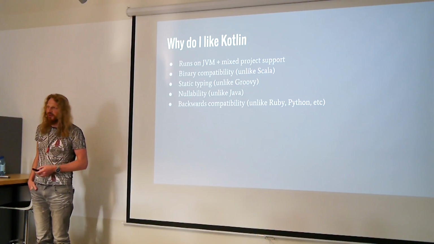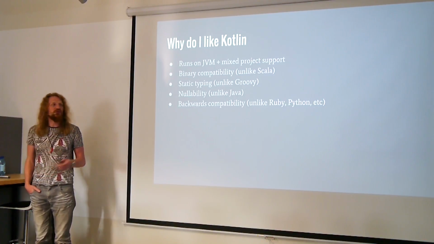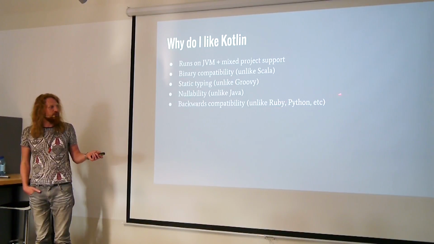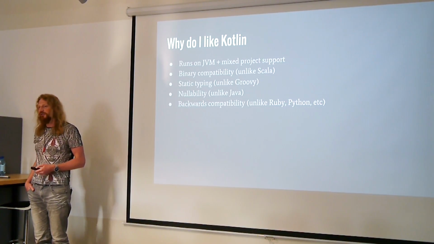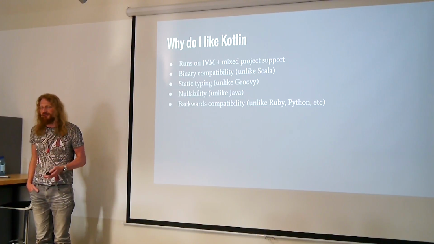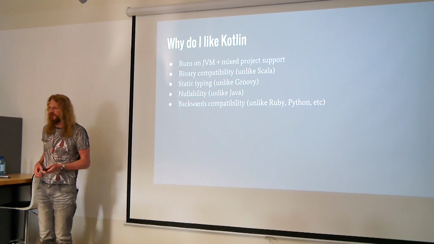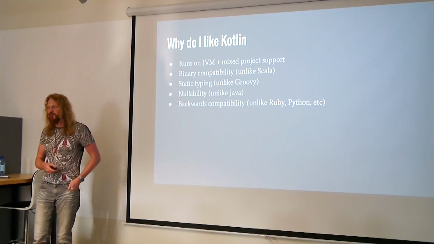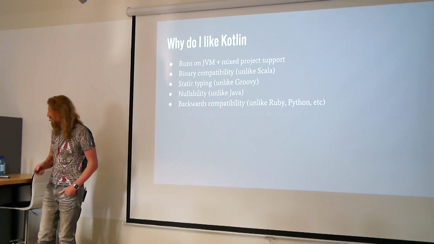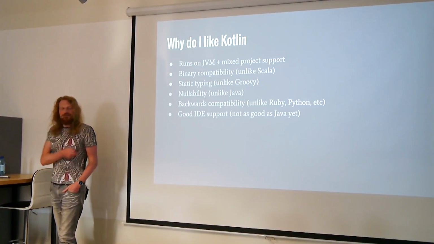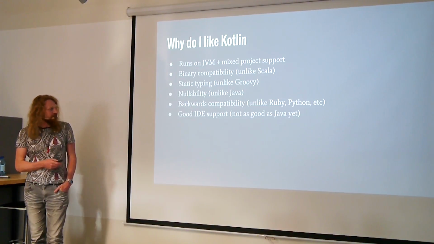This is a huge problem. For example, if you know Python, then you probably know the situation with Python 3. I think it's 4 years old, but still most projects in Python are stuck at 2.7 or 2.6. That's a big problem. So in Kotlin, there shouldn't be this kind of stuff.